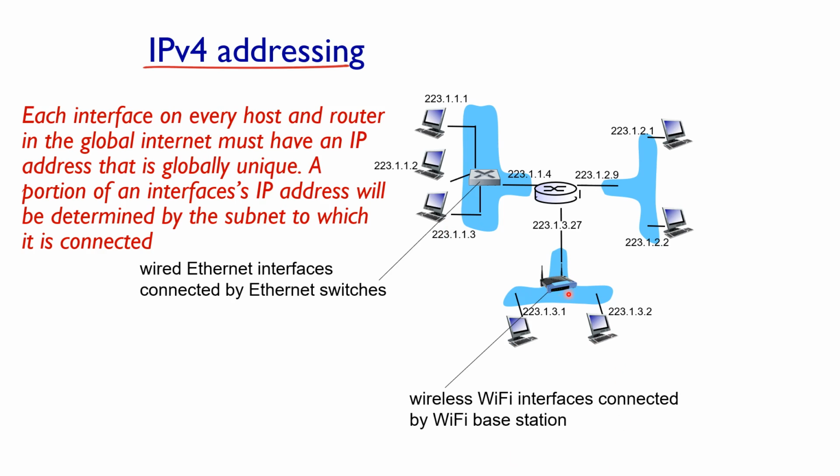Similarly, in this Wi-Fi router, there is 223.1.3. Up to the first three segments, everything is common, so it makes a single subnet.